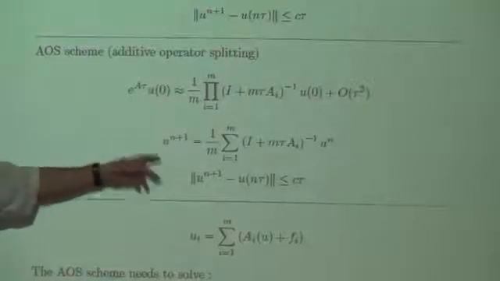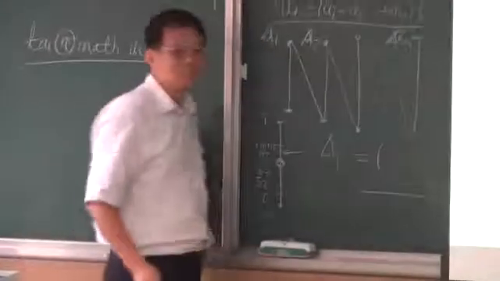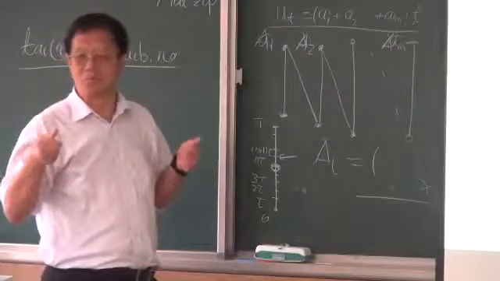The additive operator splitting is similar to the domain decomposition, so you have a better parallel property. And there's another thing that you see: all the directions are treated in the same manner. Later, we will show that A_i is, for example, a derivative in one direction. And so all the sub-operators are treated in the same way.